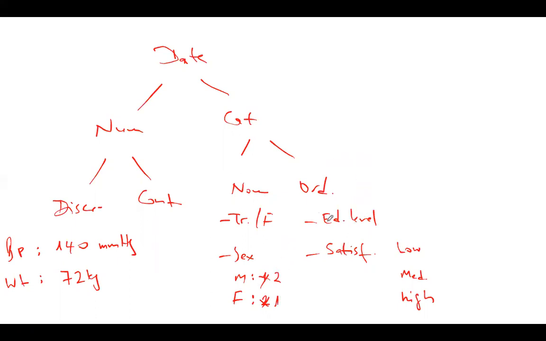If you have ordinal data, such as satisfaction, and you start coding low as 1, then medium would be 2, and high must be 3 in this case. You see, there is an order. Or you could start from 0, then you have 1 and 2, of course.